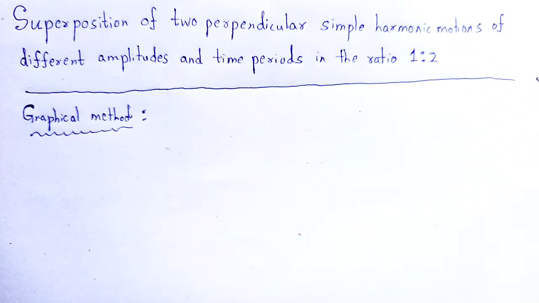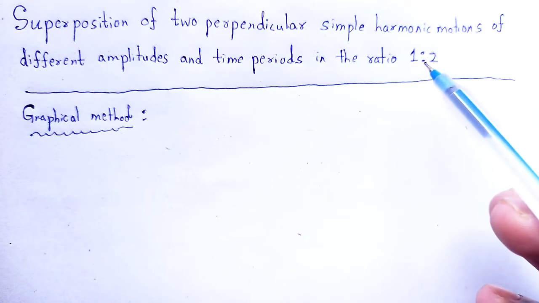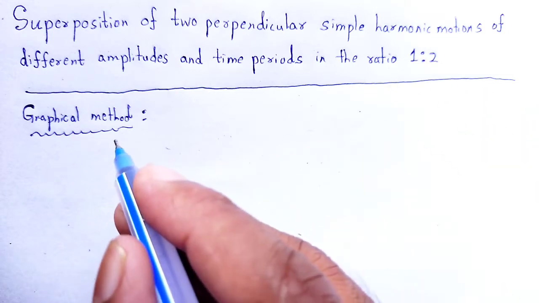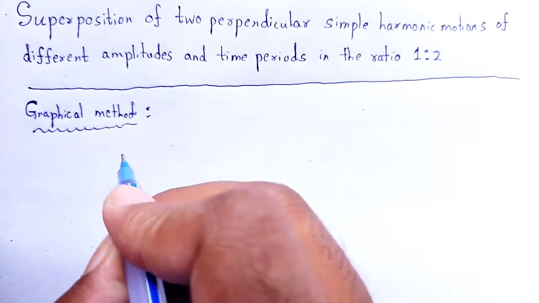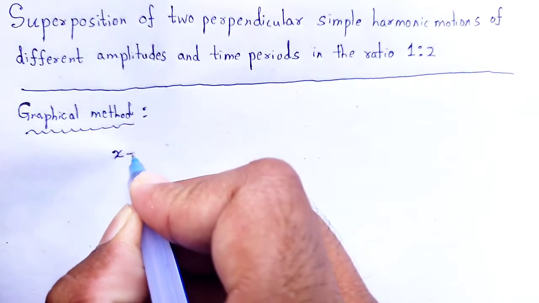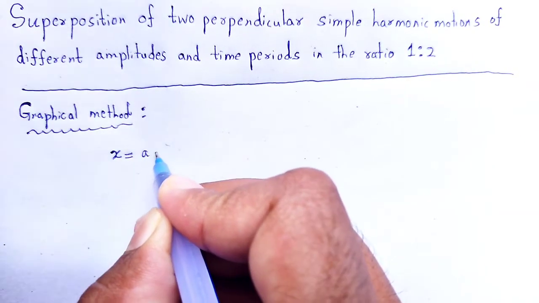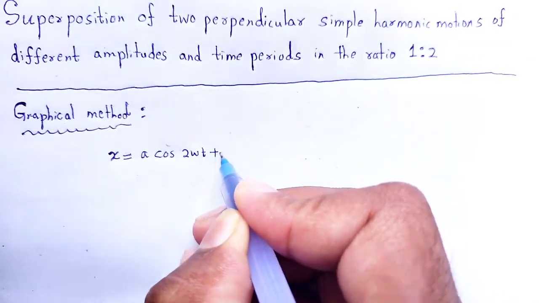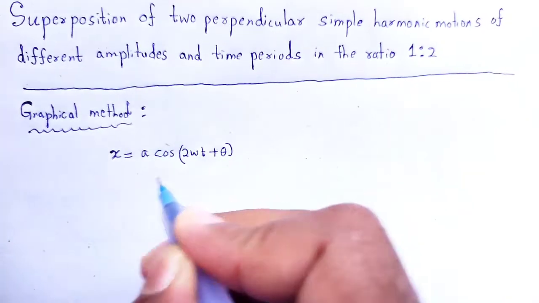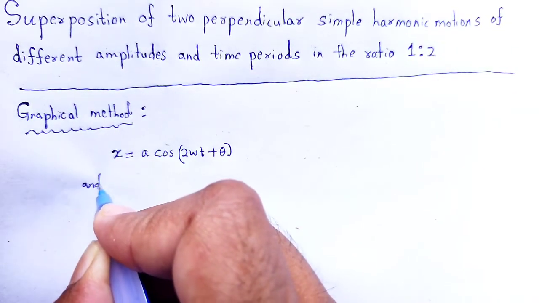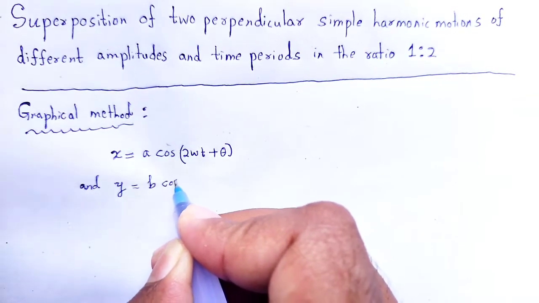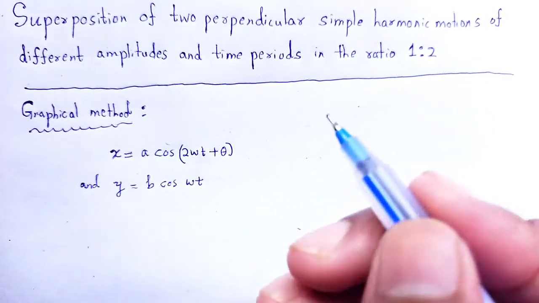Let the two vibrations have a phase difference theta between them, represented by the equations x = a cos(2 omega t + theta) and y = b cos omega t.